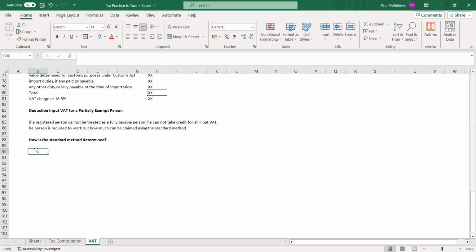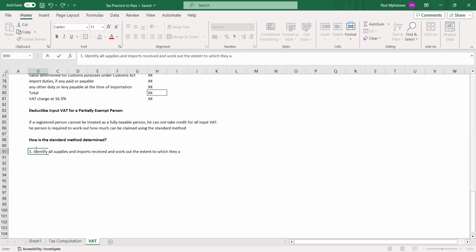So number one, the first thing to know, you need to identify all supplies and inputs received and work out the extent to which they are directly related to the taxable supplies.